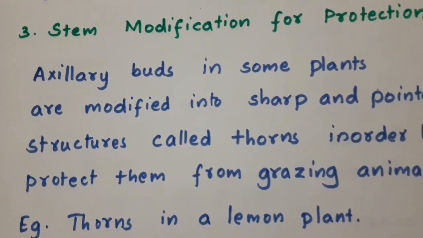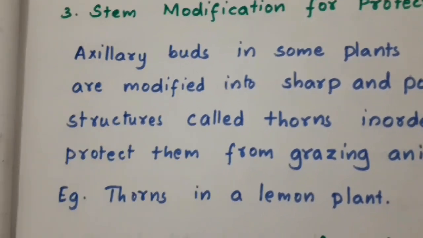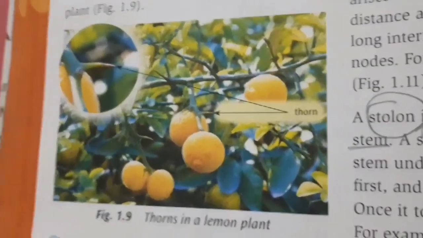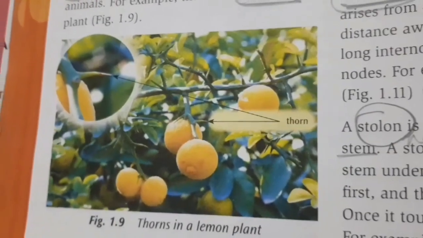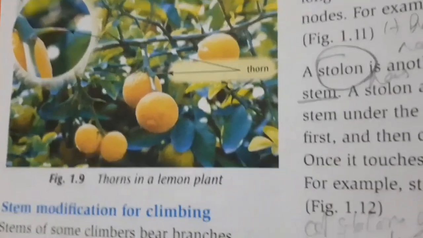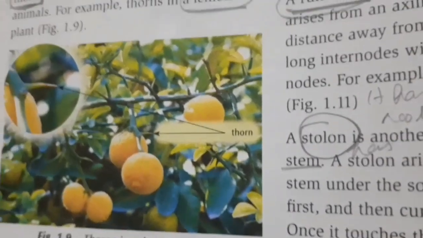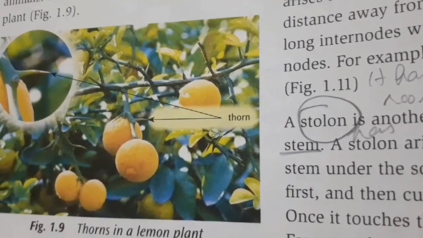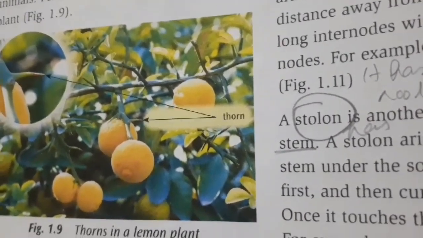Example, the thorns in a lemon plant. We can see so many thorns. So these animals cannot come and eat all this lemon and the leaves, because the thorns will protect that plant. So it's a stem modification for protection.